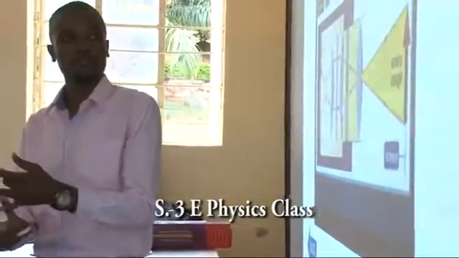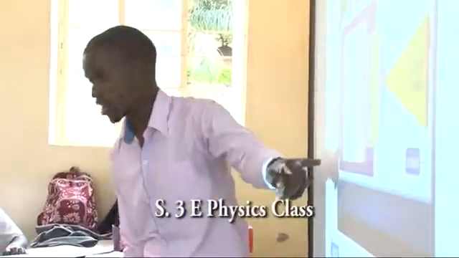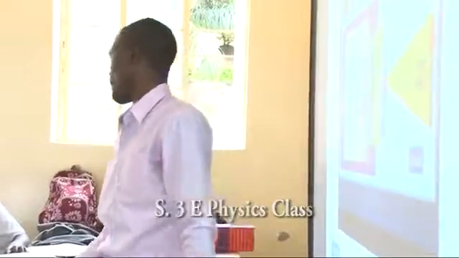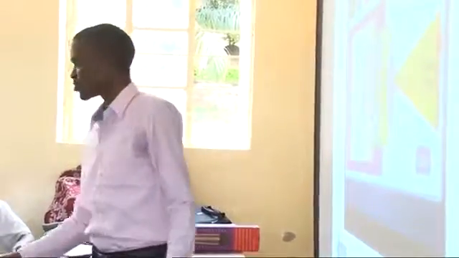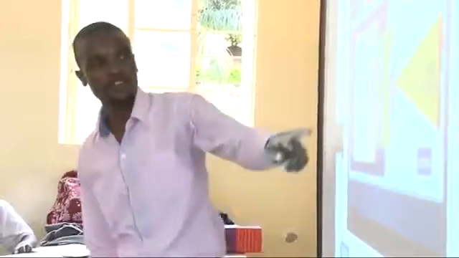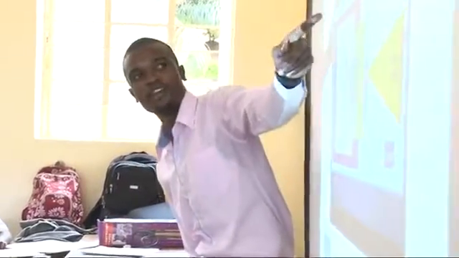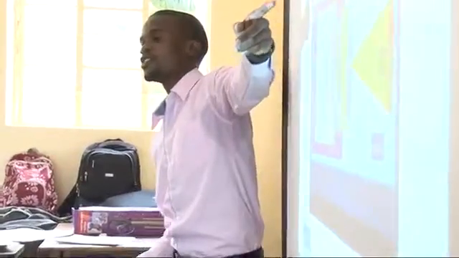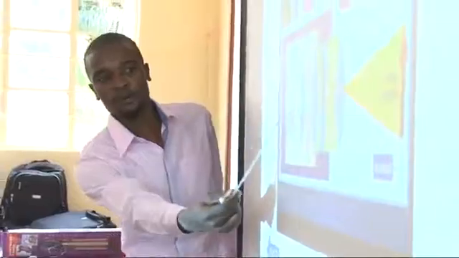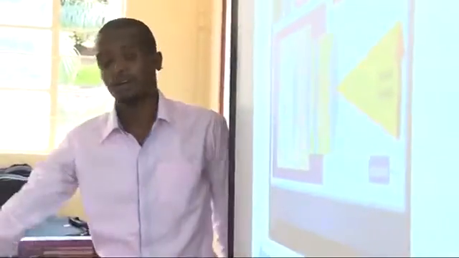We have talked of the reflector, which you can see. That's my pointer. The reflector is concave in nature, and its purpose is to reflect all the light from the powerful lamp back.